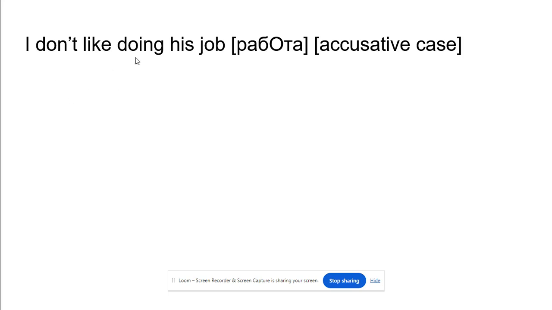I don't like doing his job. And remember that we're dealing with a feminine gender here that the verb is acting on in Russian. So therefore, we have to agree it to the accusative case. I hope you remember how to do that.